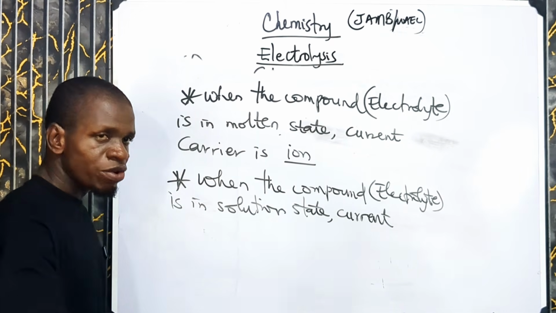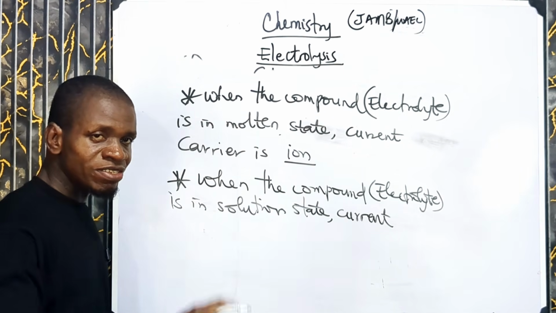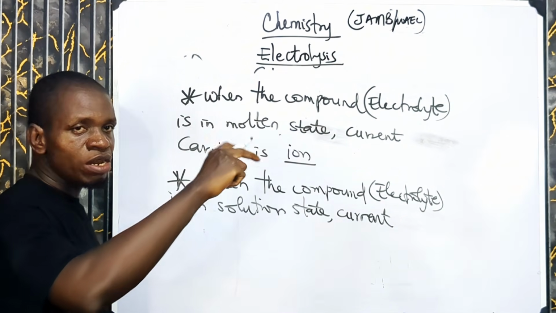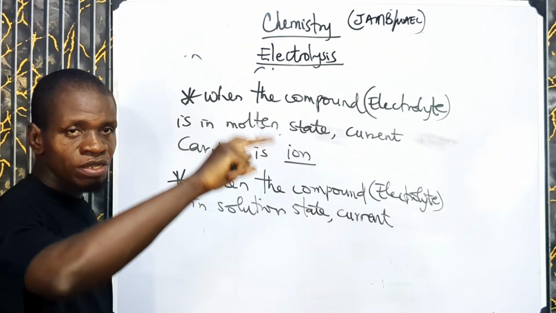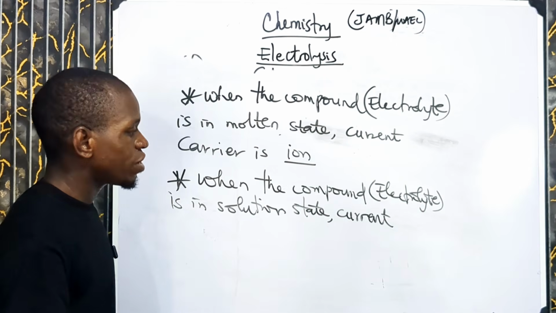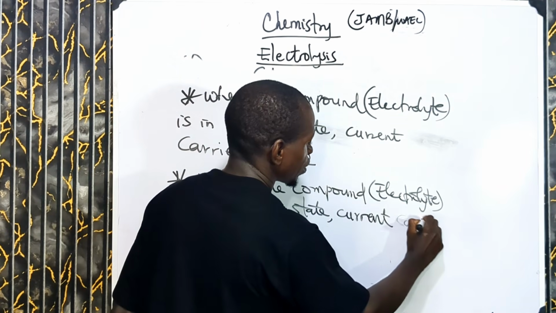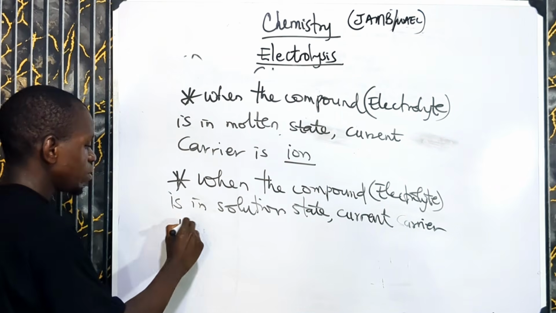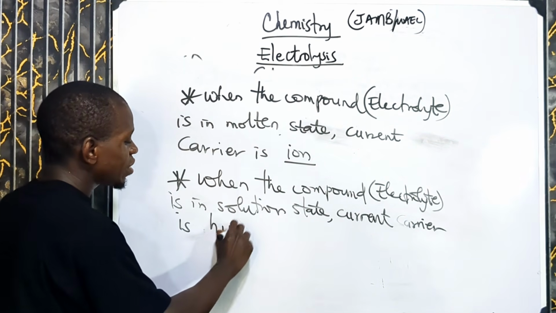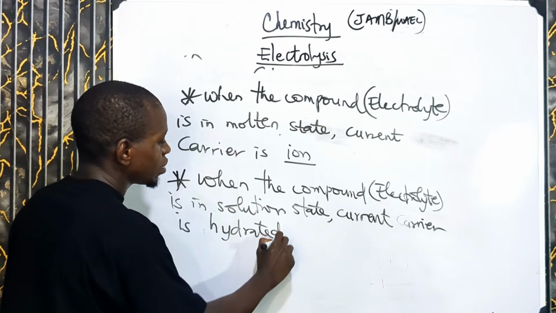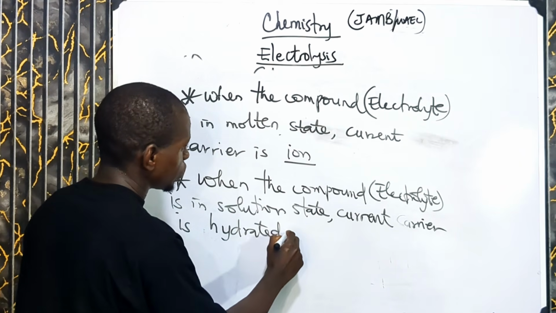It makes current flow in the whole electrolytic cell, from the electrolyte to the electrode to the external load and back to the electrolyte. So the current carrier is going to be hydrated ion.